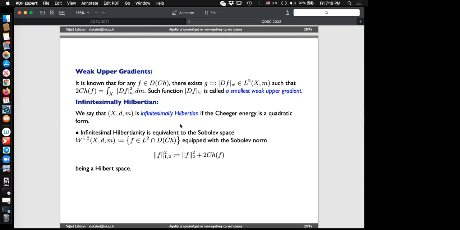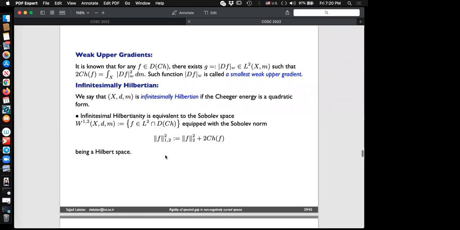And some Japanese schools like Shioya, Kuwae, and some other mathematicians. There are many ways to define Sobolev spaces, but basically in this particular setting, the 3 or 4 versions that exist all coincide.